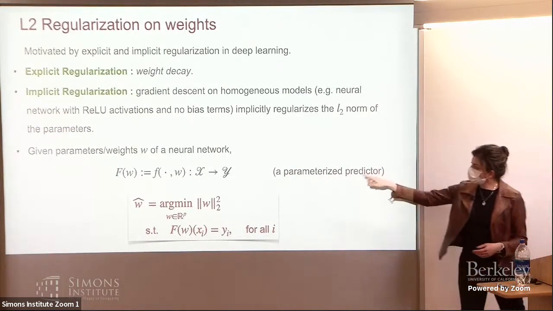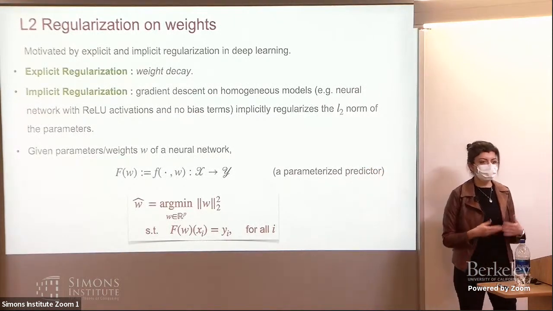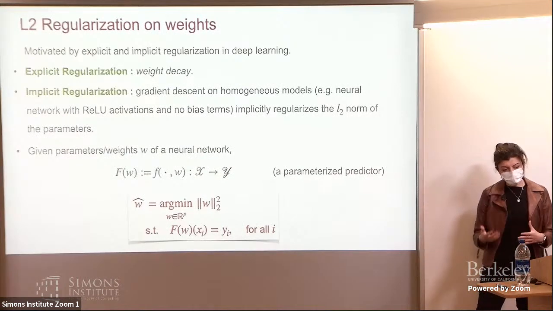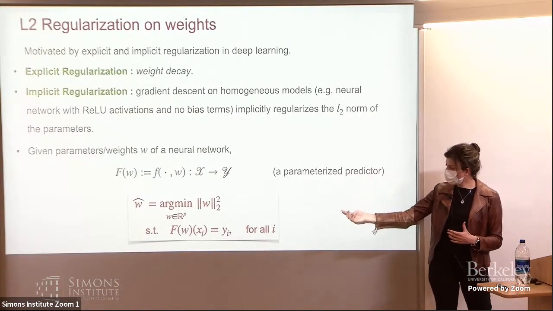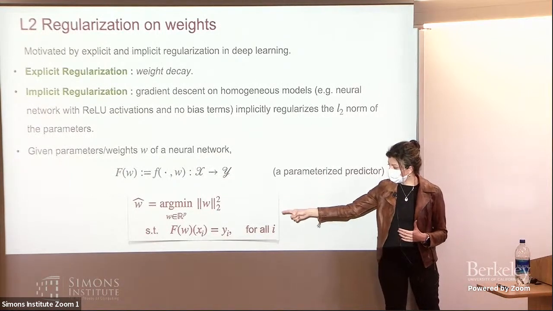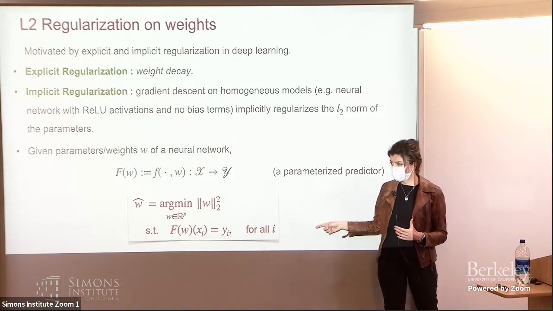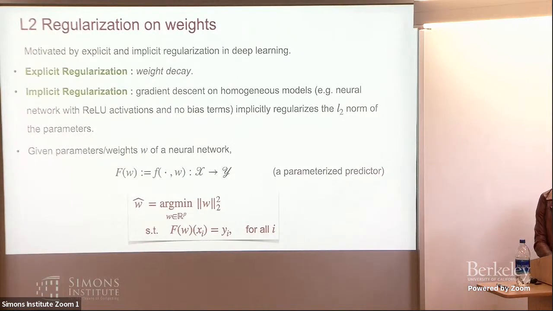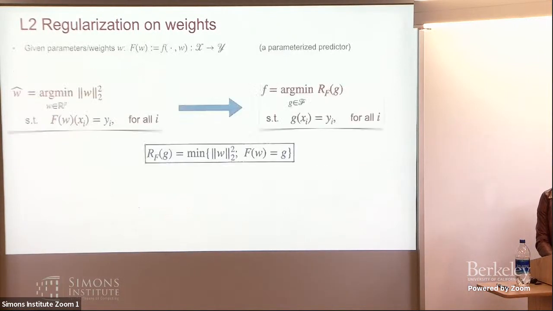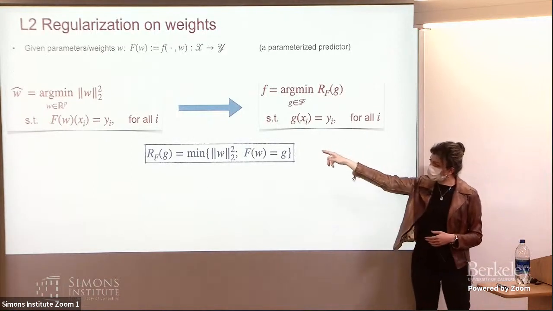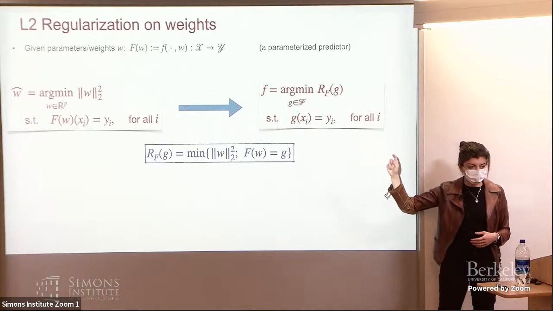So this capital F of W now is a function from X to Y. And the output of the learning algorithm is trying to find these weights such that F of W on Xi is going to be Yi for all i. But at the same time, I want to minimize the L2 norm of W's. So this is the representation of what the algorithm seems to be doing in the parameter space.